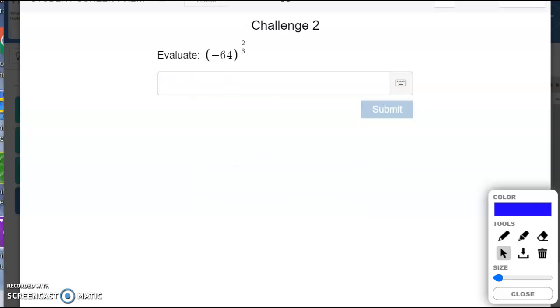Okay, this time we are asked to evaluate negative 64 to the power of 2 over 3. We've just evaluated that the cube root of negative 64 was negative 4, right? Because negative 4 times negative 4 times negative 4 is negative 64. Now what's the difference here? The difference is the 2 as a numerator, the top fraction number.